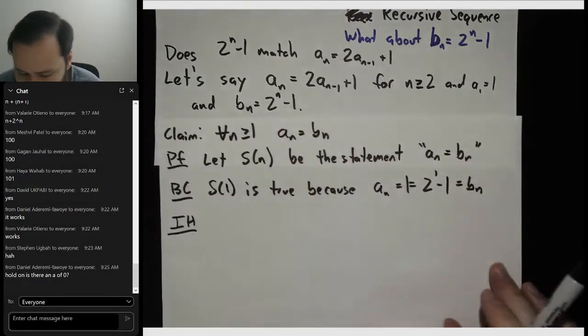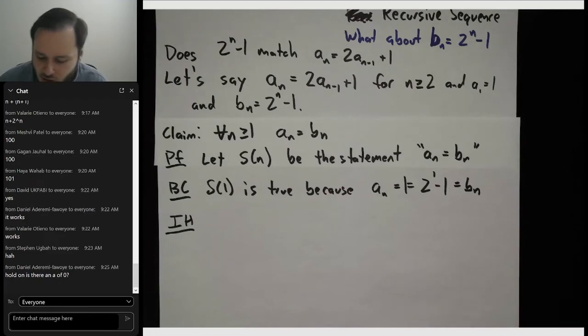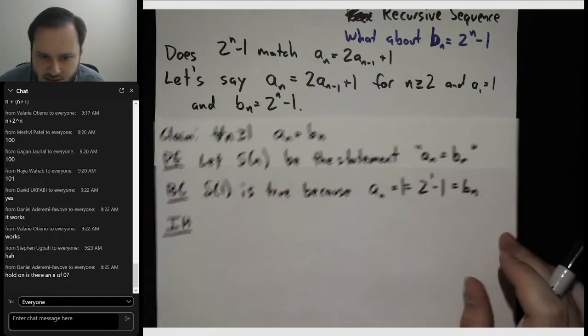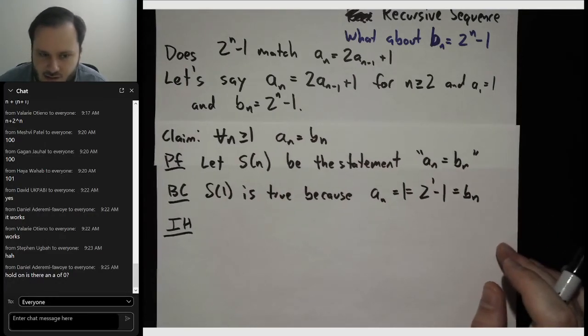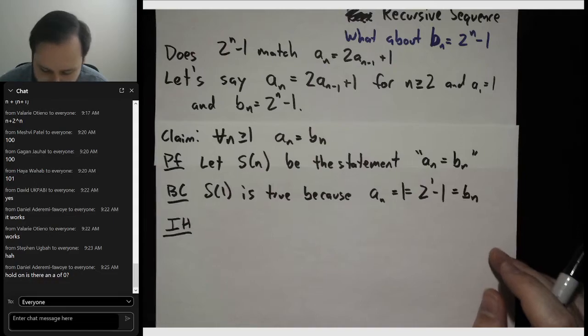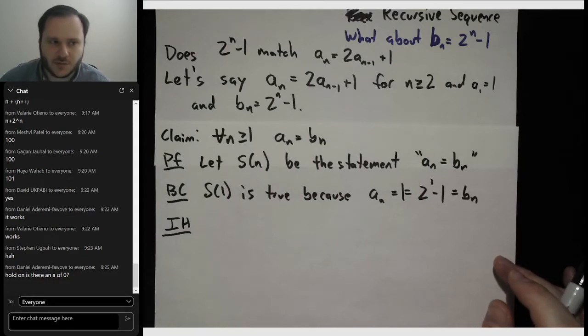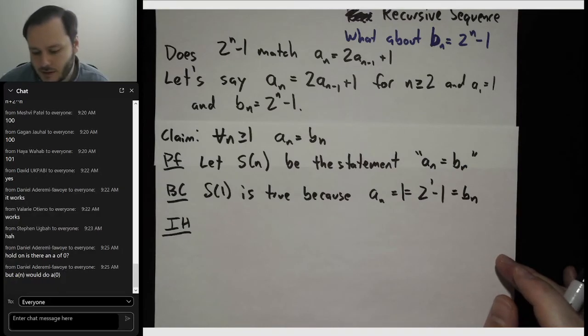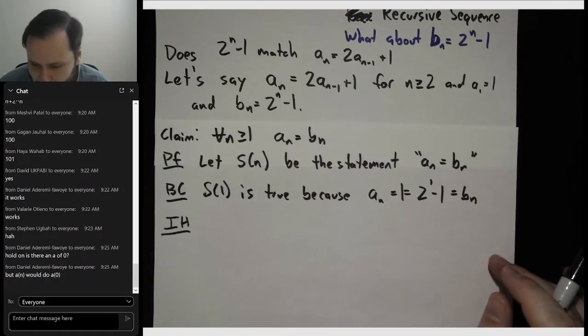So is there an a sub 0? Good question. I'm starting all of my sequences at 1 in this case. Just makes my life easier. I'm only worried about a sub 1, a sub 2, a sub 3. You can start your sequences at 0 if you prefer, if that makes you happier. But I'm indexing from 1.